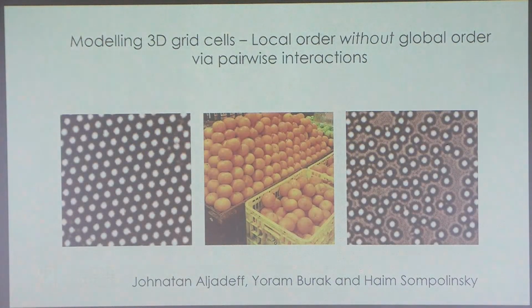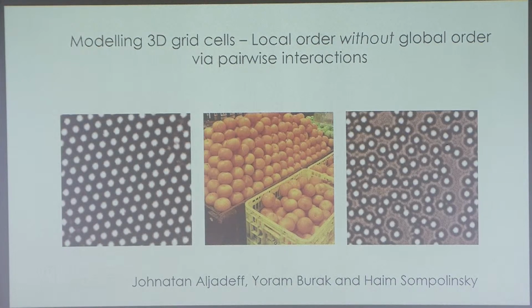Now, together with Jonathan Al-Khadef, Yoram Burak, and Chaim Sompolinsky, we wanted to find a phenomenological model that would capture in 3D this local order, but no global order. So we took inspiration from many physical systems that have multiple particles that could range from being more or less ordered depending on the parameter regime.